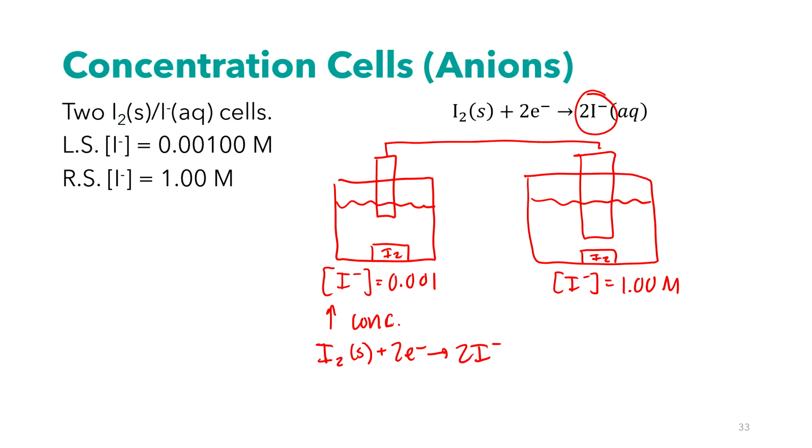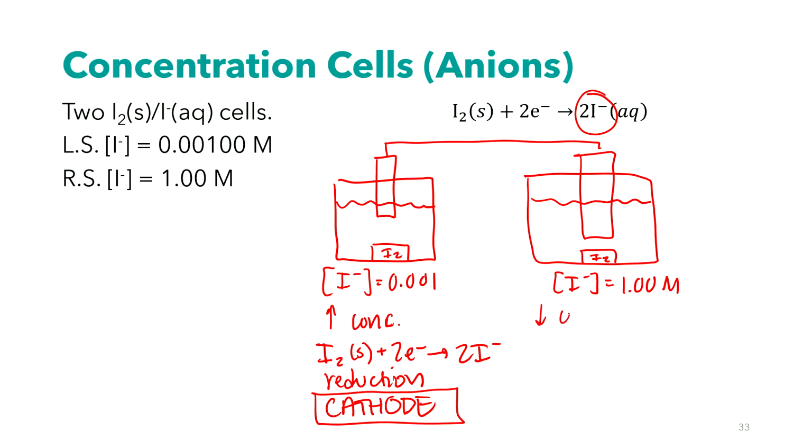So now the left side, my dilute side, is where reduction happens, and that's my cathode. So it has switched from when it was nickel 2+. But as long as you follow the process of what do I need to do to bring these two to equilibrium, it's not that bad.